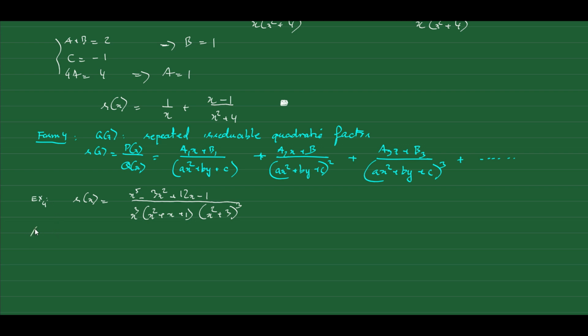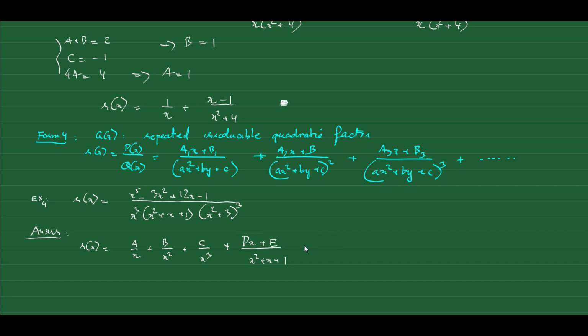Alright, so let's see how we're gonna decompose it. So you have this. This is reducible, so it becomes A over x, repeated, B over x squared, repeated 3 times, C over x to the 3rd, plus Dx plus E over x squared plus x plus 1, irreducible, and because it's a quadratic, the numerator must be linear.